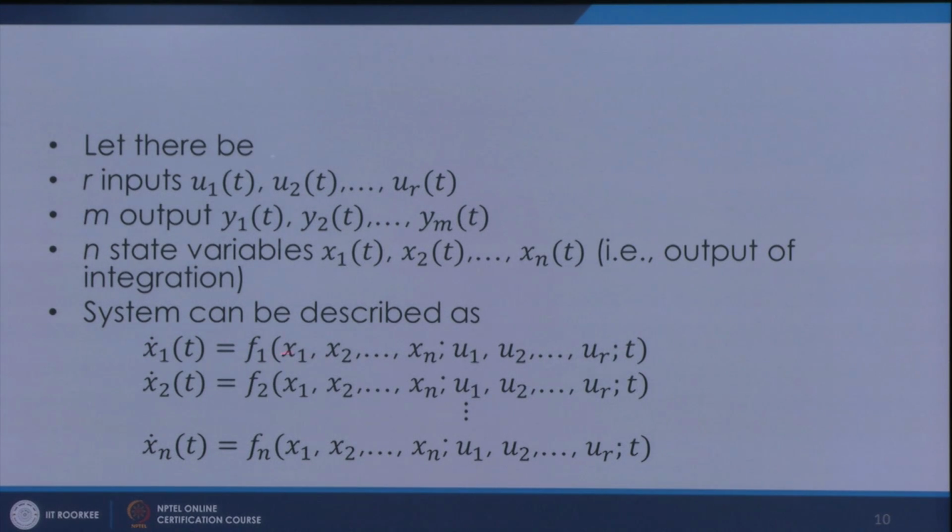Likewise, I can describe the system by x2 dot equal to f2, which is a function of all the states, all the inputs and time, and likewise xn dot is a function of all the states, all the inputs and time.